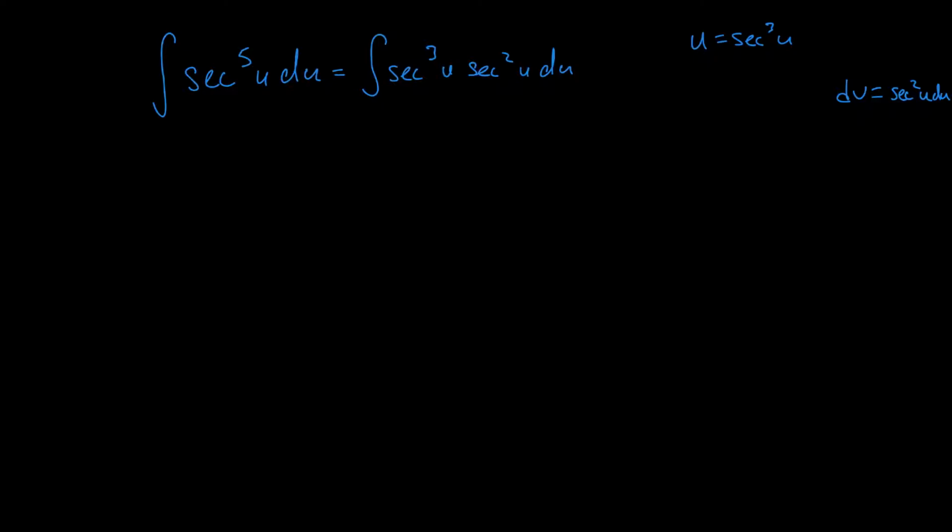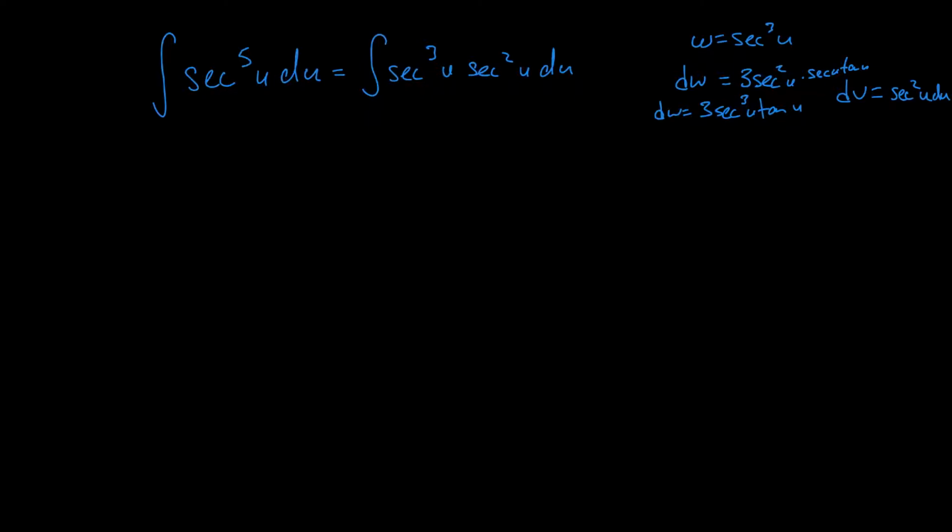Actually, u and v are bad variables to use because we already have those. So let's use w and v. So dw is going to be 3 secant squared u times secant u tangent u. So that's actually 3 secant cubed u tangent u.